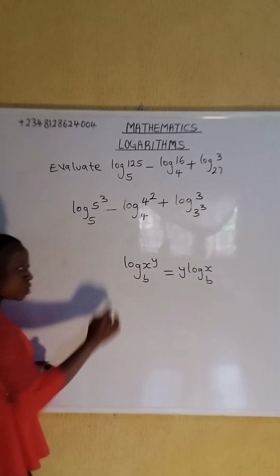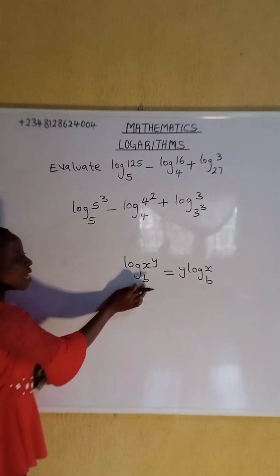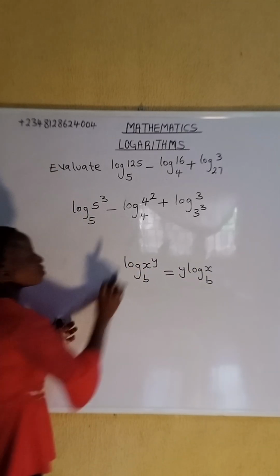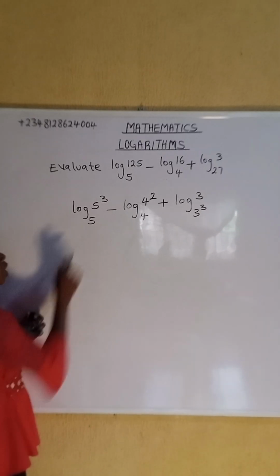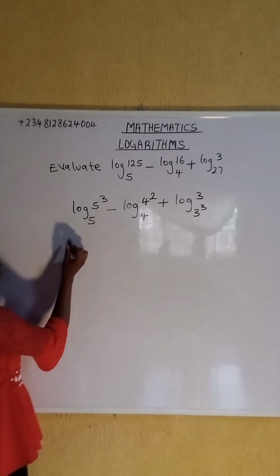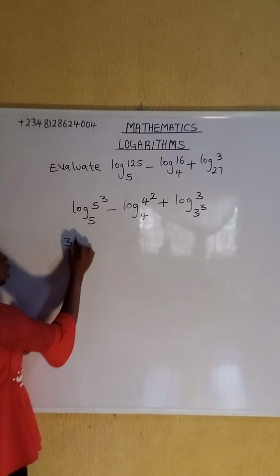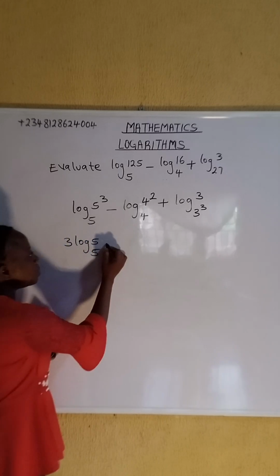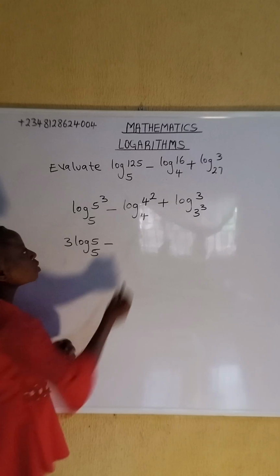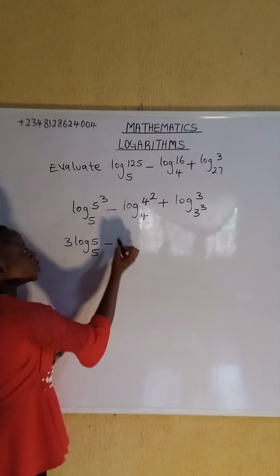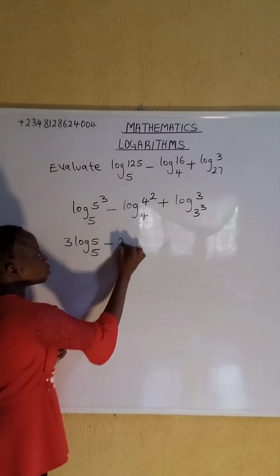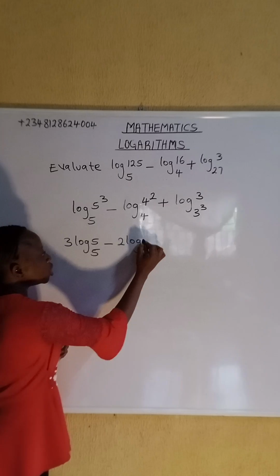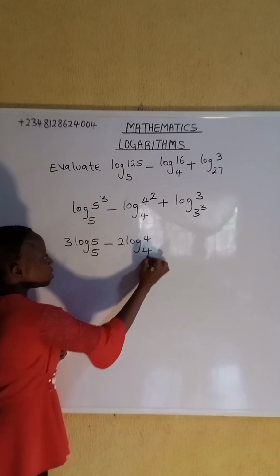You bring the power to the front of the logarithm. So let's apply this law here. Now this 3 will come to the front of the logarithm. That will be 3 log 5 base 5. Then minus, now this 2 will come to the front of the logarithm. That will be 2 log 4 base 4.